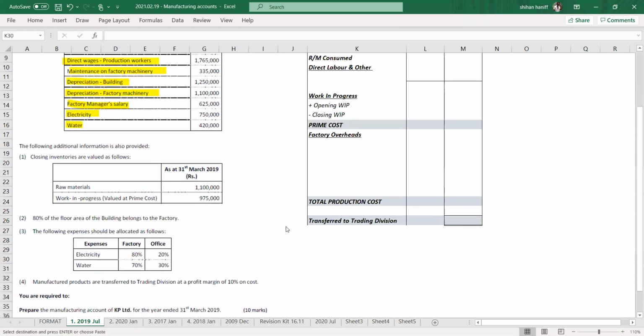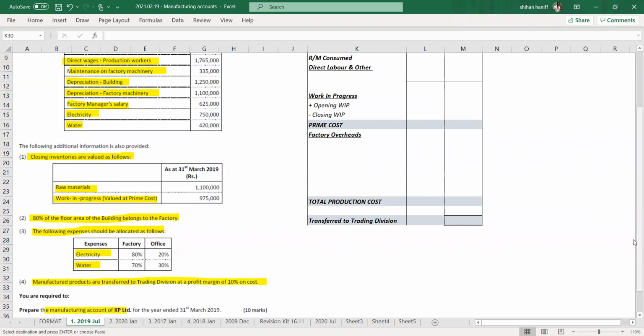Then we have the closing inventories, raw material and work in progress. 80% of the floor area of the building belongs to the factory. The following expenses should be allocated as follows. So they are giving allocation of expenses. Then number 4, manufactured products are transferred to trading division at a profit margin of 10% on cost. Prepare the manufacturing account.